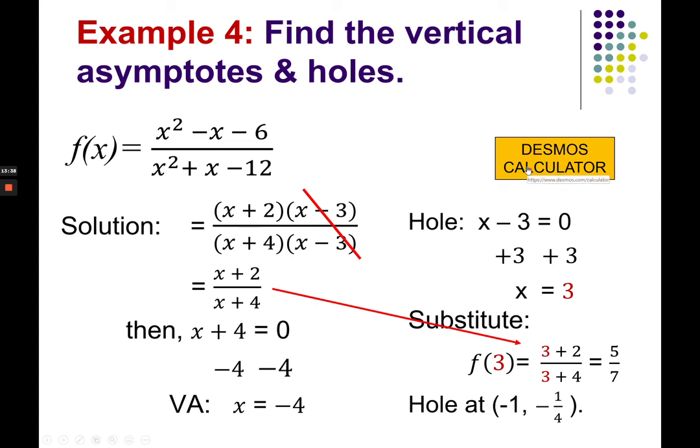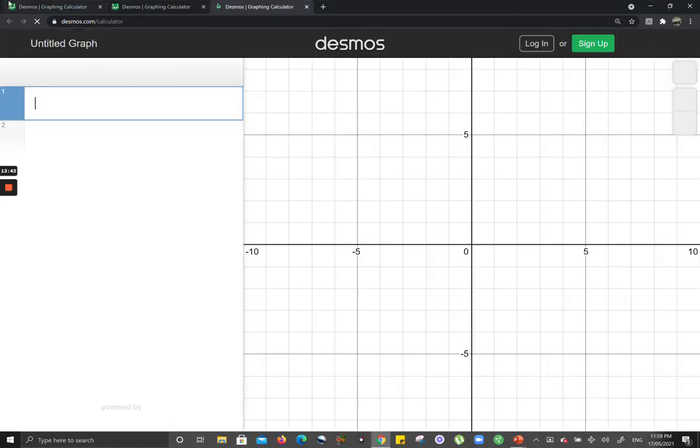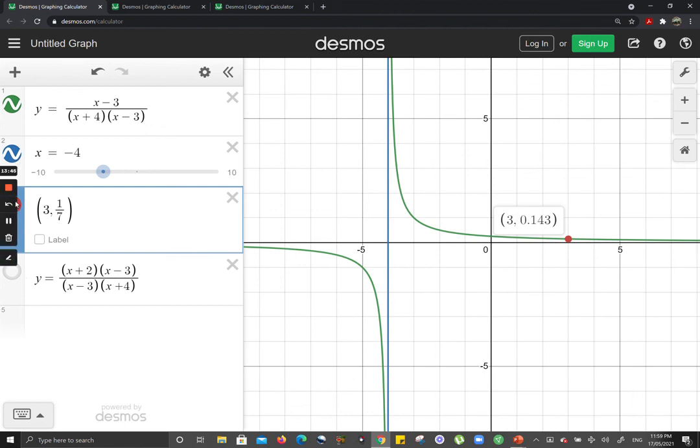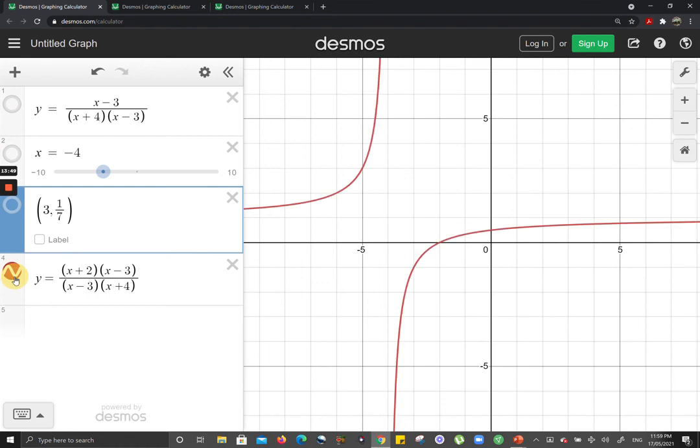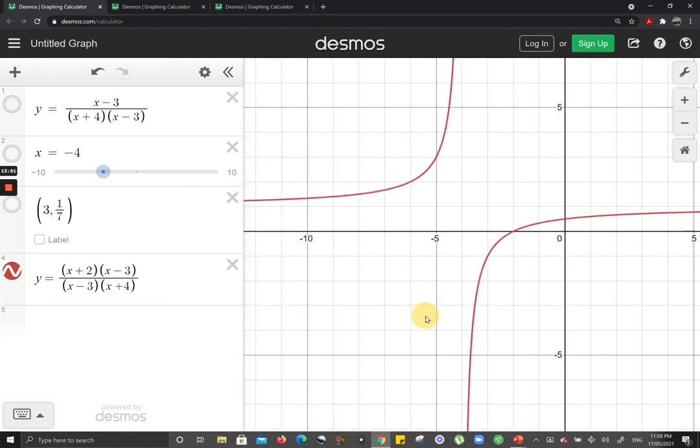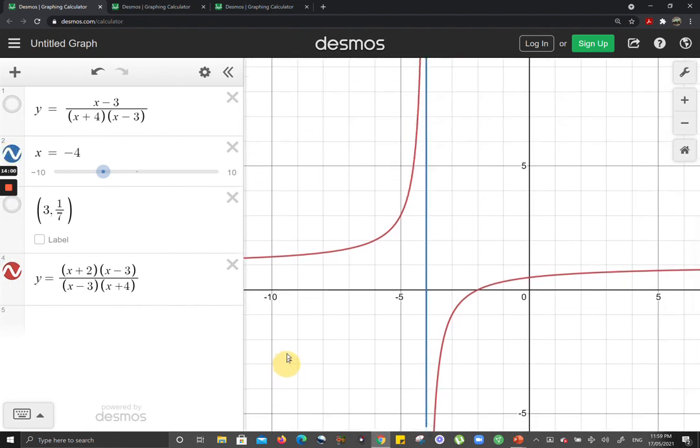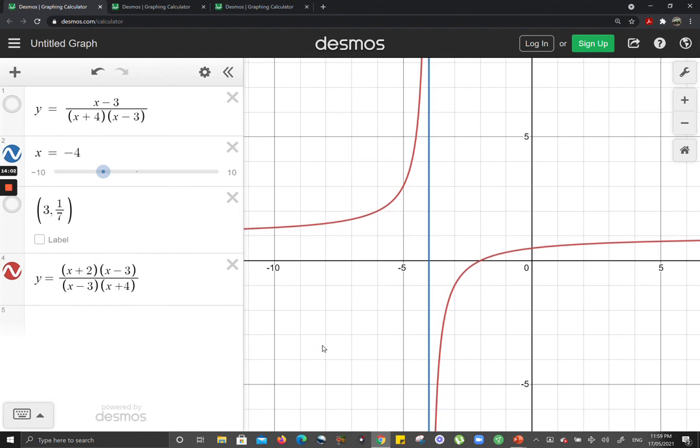Let's check on your Desmos calculator and see. Let's disable the other. Okay. And so this is your graph. X minus 3 was cancelled. The vertical asymptote is at negative 4 as well. It just happened they share the same vertical asymptote. It's pure coincidence. Then where is our hole? It is at positive 3 again.